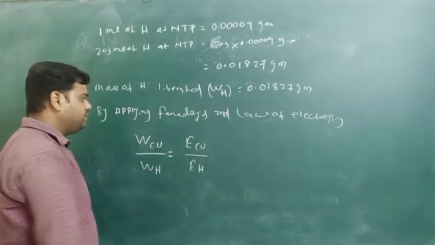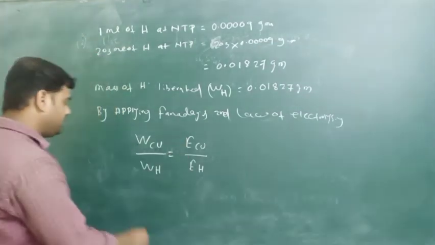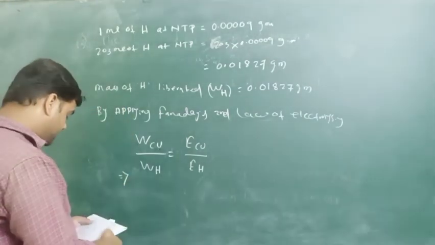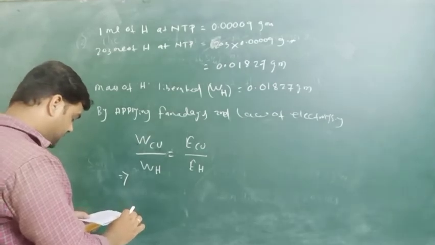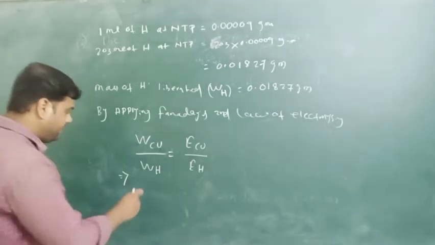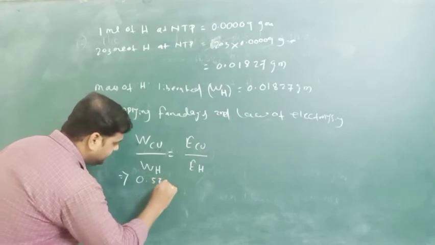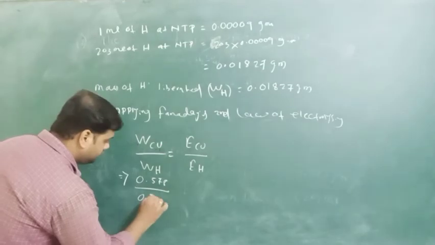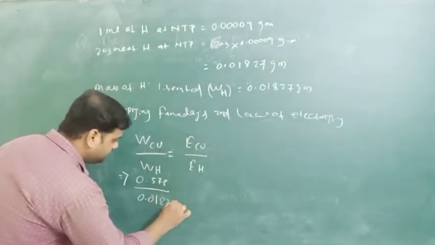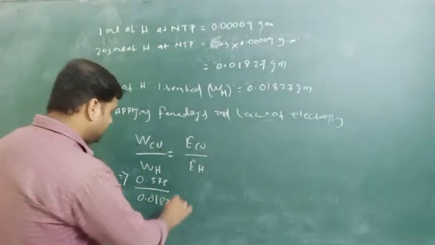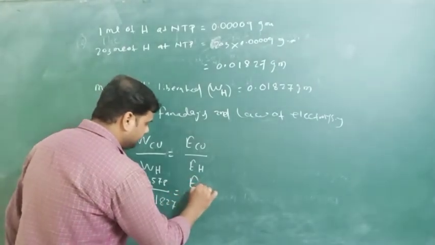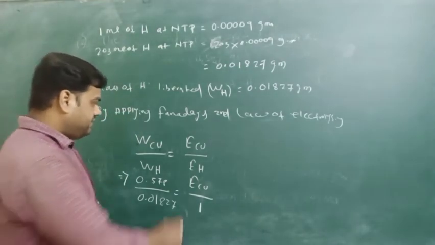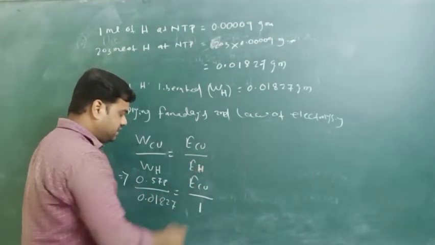So WCu here is given as 0.578 grams, 0.578 by WH, 0.01827, equals ECu by, and in the question it is given that the equivalent mass of hydrogen equals 1.